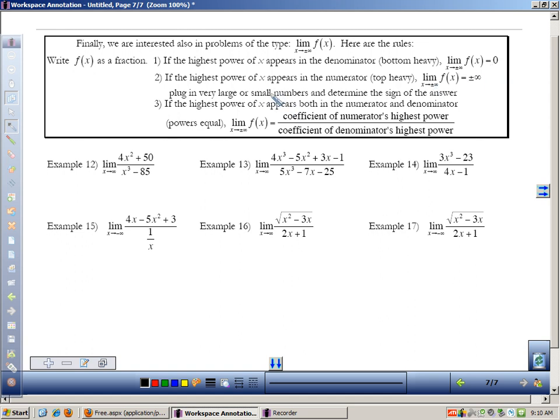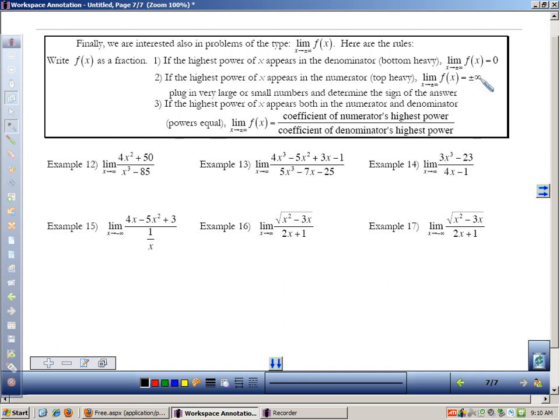If the power in the numerator is the biggest, then we're going to have our limit as plus or minus infinity. That tells us we have a vertical asymptote.